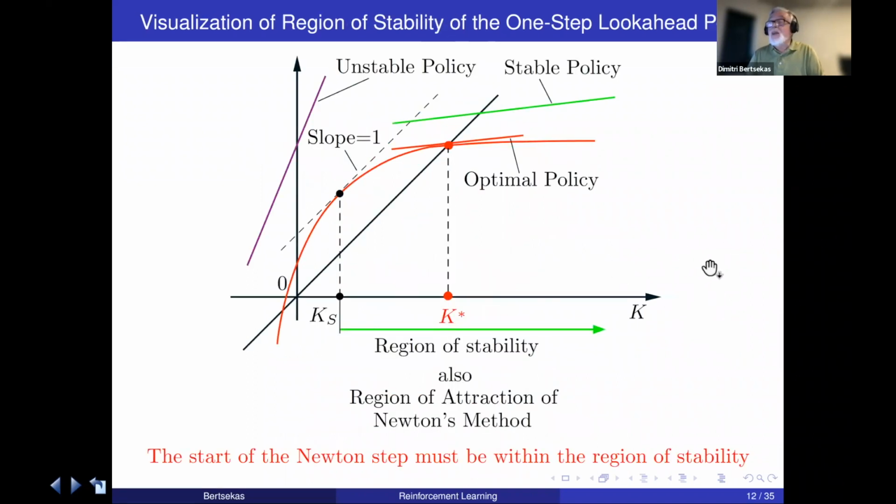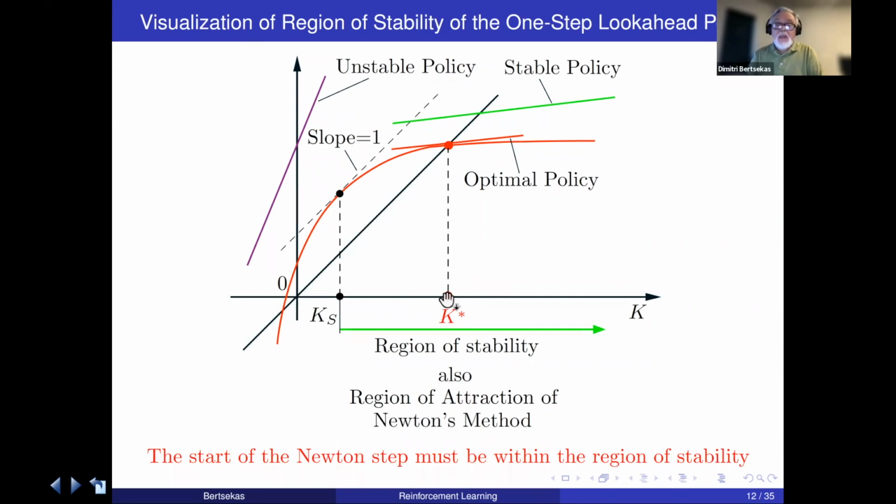Okay, so now let's go back to this unstable policy, and also connect it with the picture for one-step look-ahead. If we start at K star in approximation in value space, obviously we're going to get the optimal policy. This is the optimal policy here.